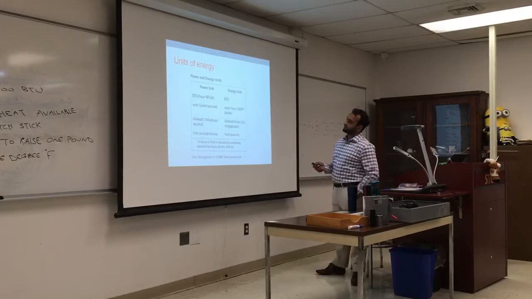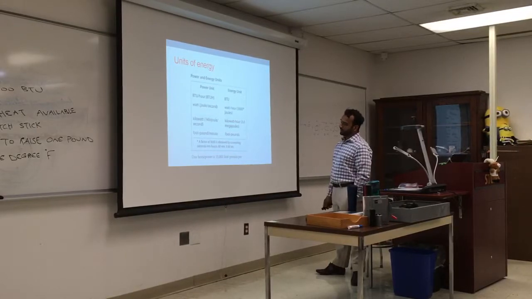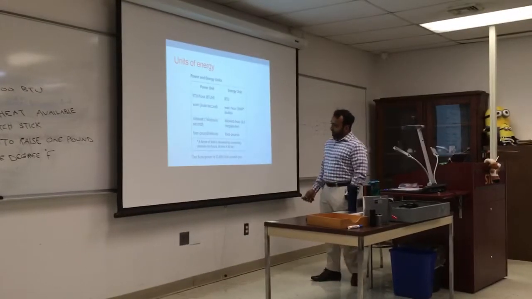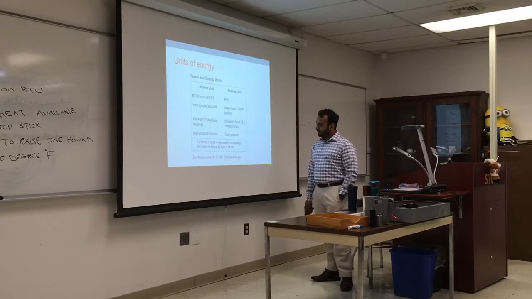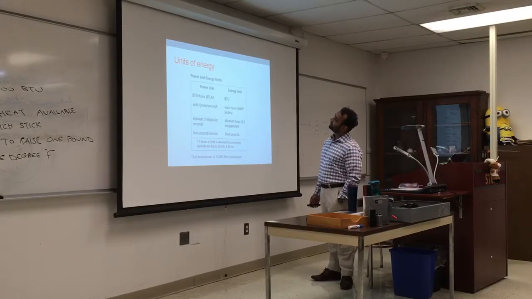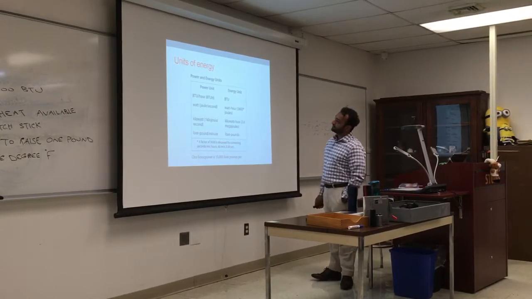So these are units. BTU stands for British Thermal Unit. Watts is joules per second. It's a measurement of a unit, and you can transfer from one to another. And what else? Horsepower. 33 foot-pounds per minute. But horsepower is a lot of BTUs.